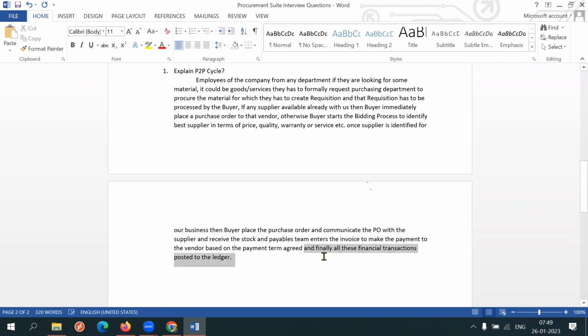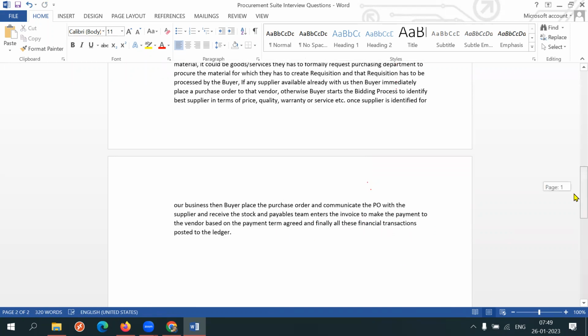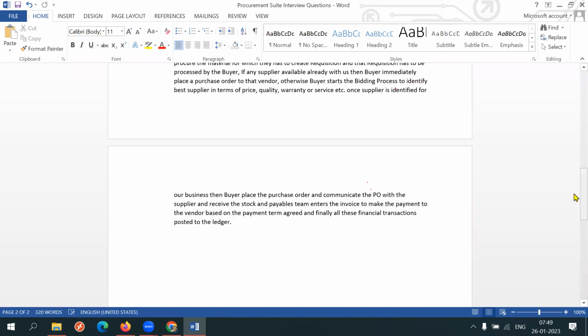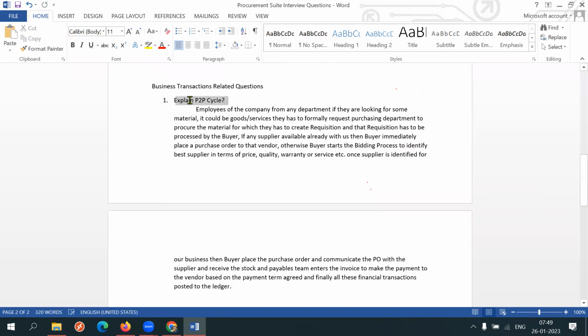And finally, all these financial transactions are posted to the ledger. Your answer is also fine, but this is my style of answer.